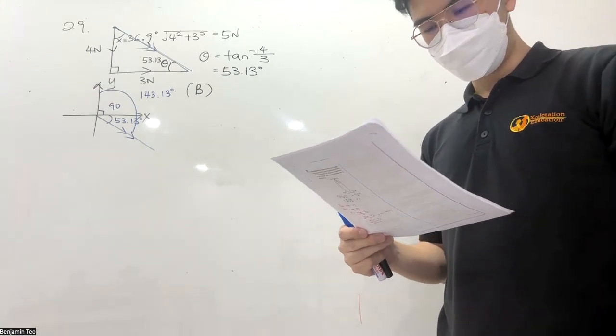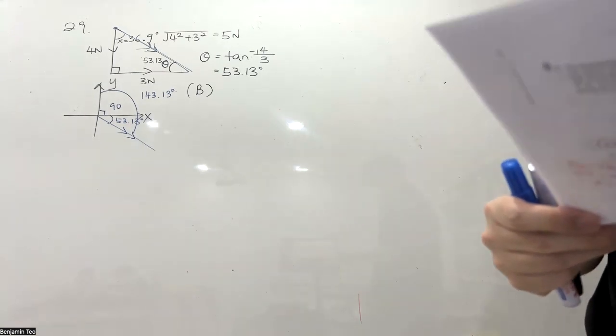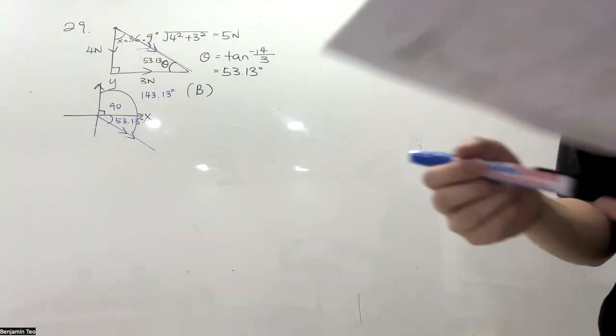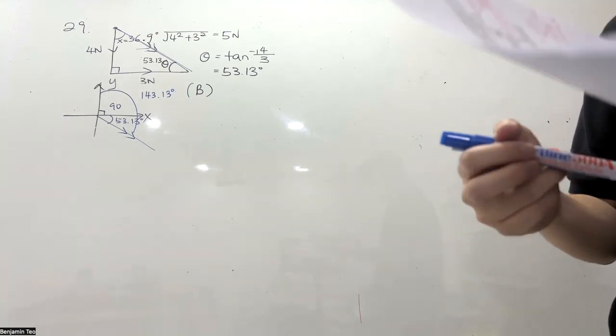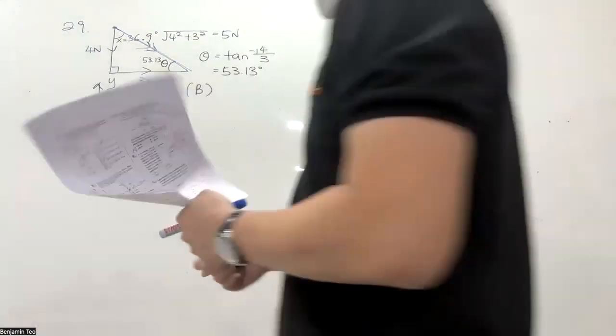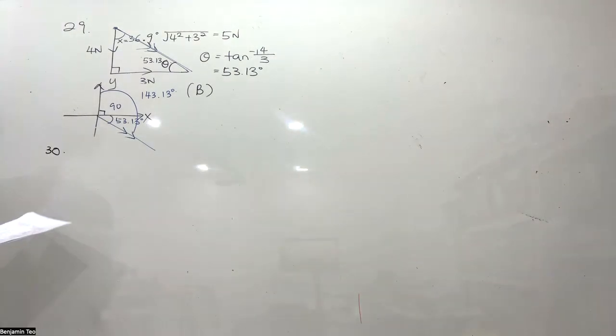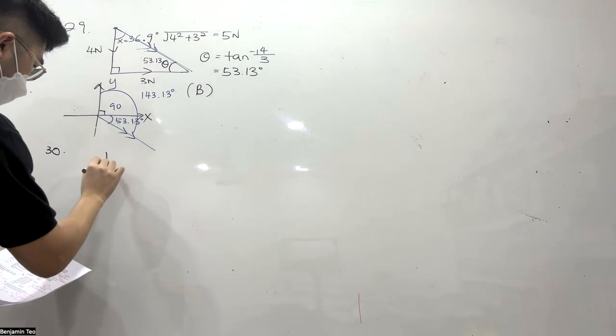Question 30, you have to resolve the 2 Newton force first. Everything is either vertical or horizontal, but the 2 Newton is diagonal. You have to resolve that one. Question 30. So you have 4 Newton.